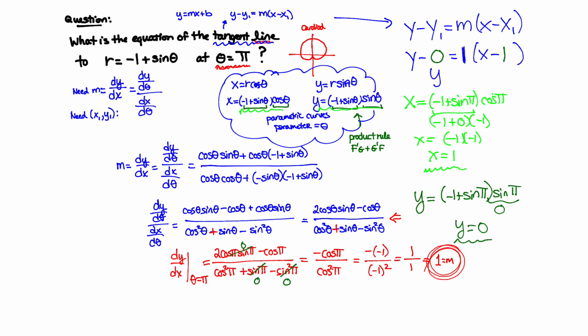And so that tells me that I have the equation of the tangent line. Not only does it tell me the equation of a tangent line, but it tells me the point on my curve where this is happening. When theta is pi, I am right here on my curve at 1 for x, 0 for y.